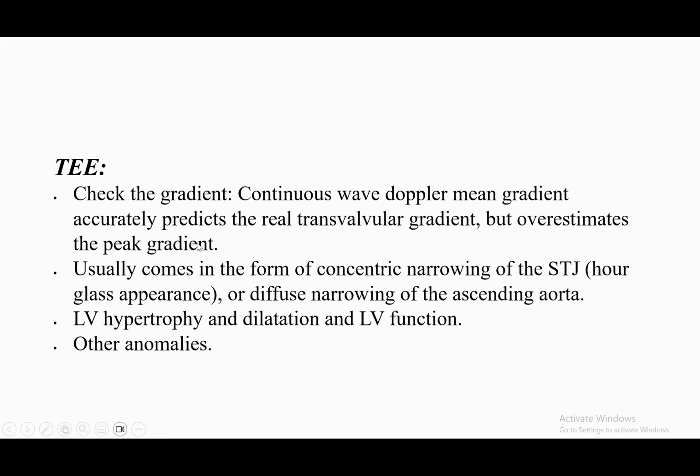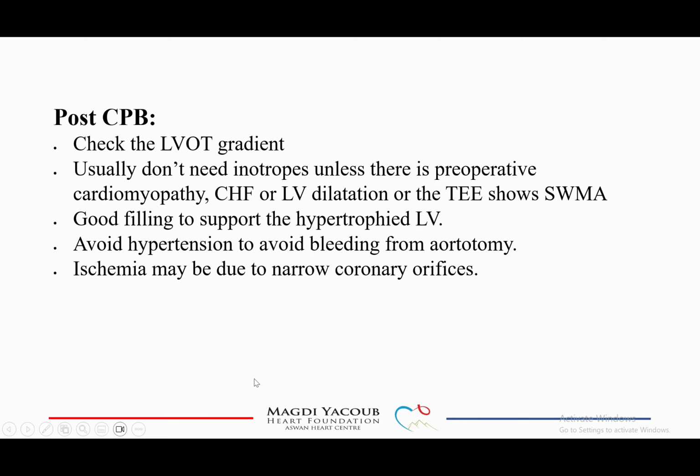As we have said before, it usually comes in the form of concentric narrowing of the sinotubular junction, an hourglass appearance, or diffuse narrowing of the ascending aorta. Check LV hypertrophy and dilatation, LV function, and other anomalies. Post-bypass, check the LVOT gradient. Usually we don't need inotropes unless there is cardiomyopathy, as we have said before.